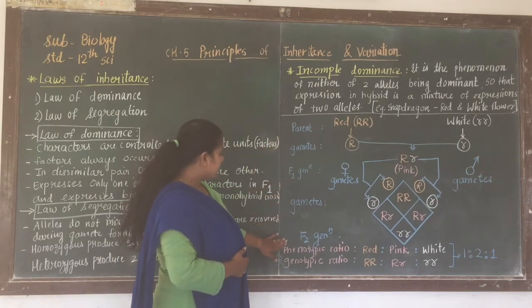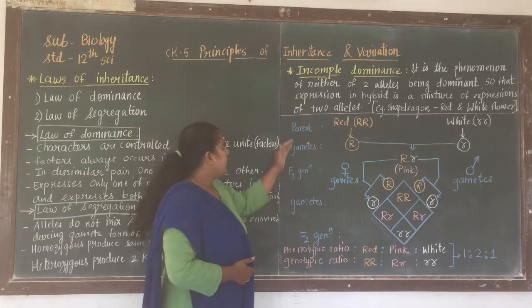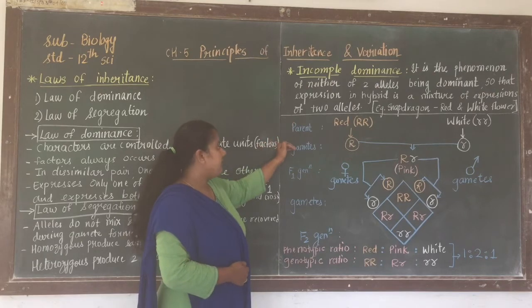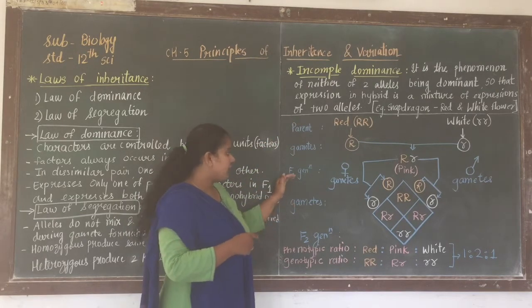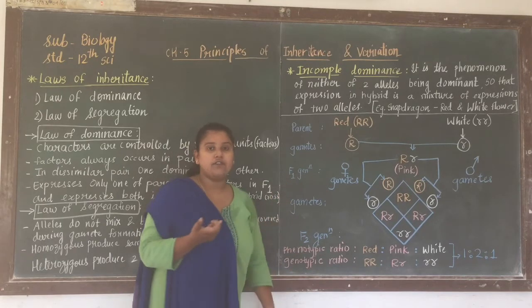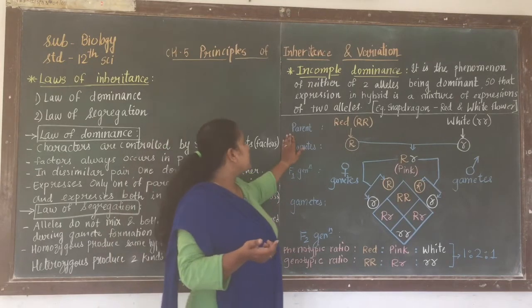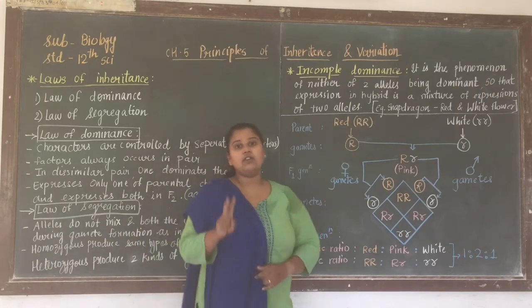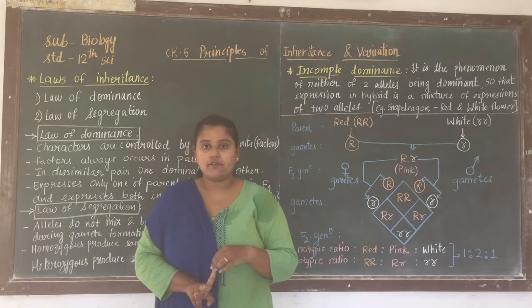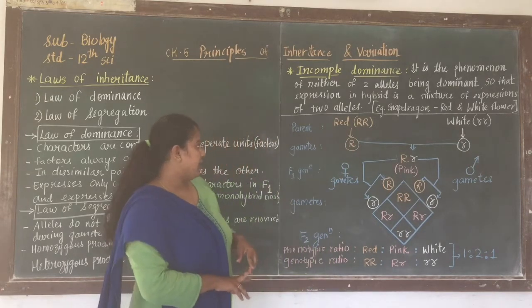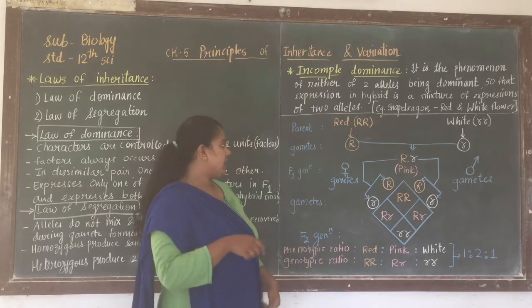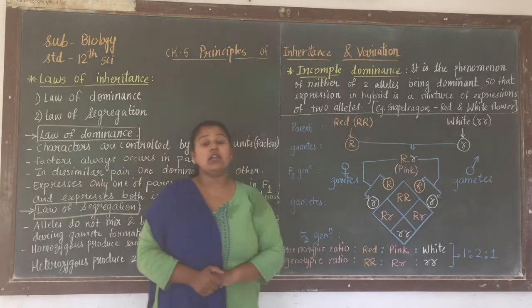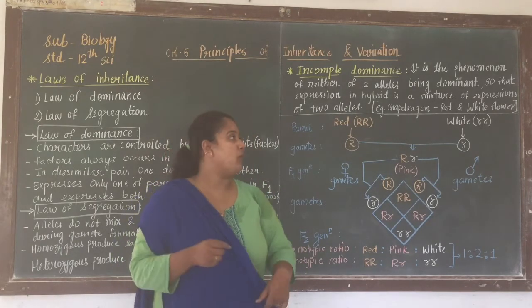Here I have mentioned the different levels: the parental generation, then the gametes which are formed, the F1 generation, the gametes formed in the F1 generation, and then the F2 generation. First, in the parents, we have taken two types of flowers, a red color flower and a white color flower. The red flower has the genotype capital R, and the white flower has the genotype small r.